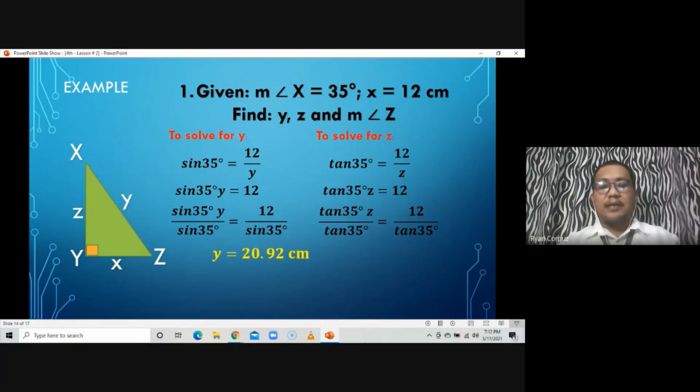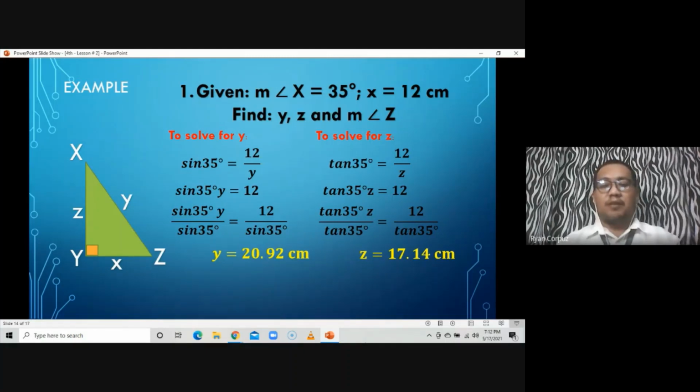Then press equals. So that you'll find out the value of z, which is equal to 17.14 centimeters. Again, kapag decimal yung nakuha natin sagot, you are going to round that to 2 decimal places.